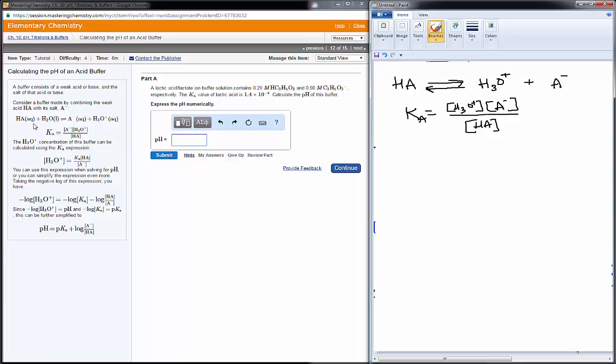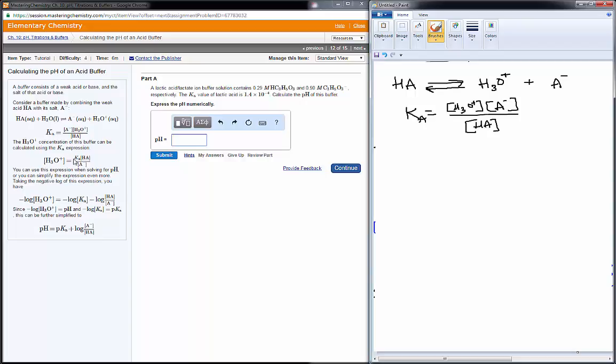So here's my equation. Here's the K expression for that equation. They dropped the water because it's the solvent and not part of the solution. Or in other words, because it's not in the same phase as these other things. And we can solve for our H3O plus. That's just algebra, rearranging this. And then the minus log of each side gives us this equation, which can be simplified to this equation.